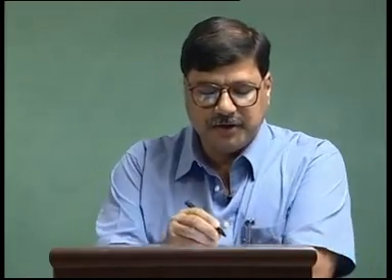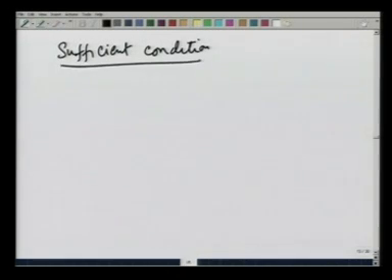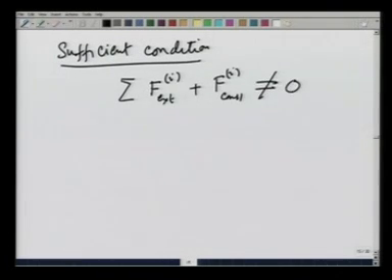How about the sufficient condition? As I said, it is also a sufficient condition. So, if the forces on all the particles, F external i plus F constraint i, suppose they do not vanish.